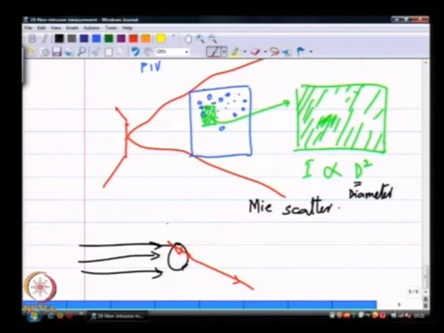Or I could have a refraction at this surface, a reflection at the second surface, and then another refraction, or depending on the situation, total internal reflection followed by refraction.